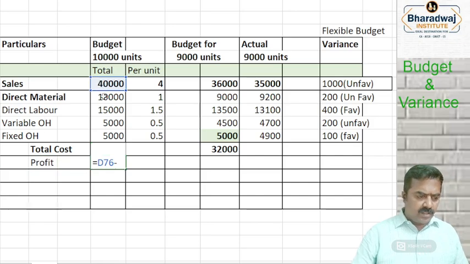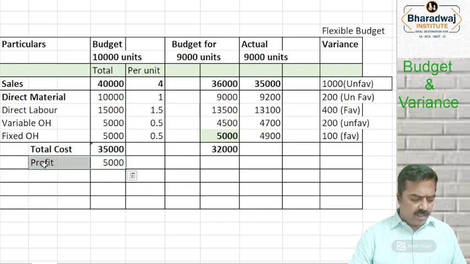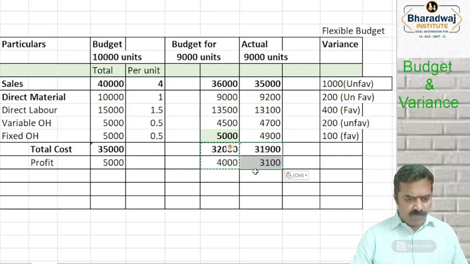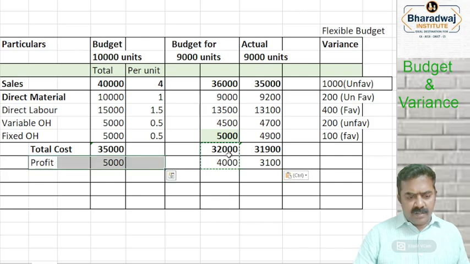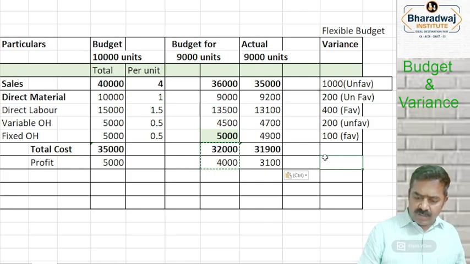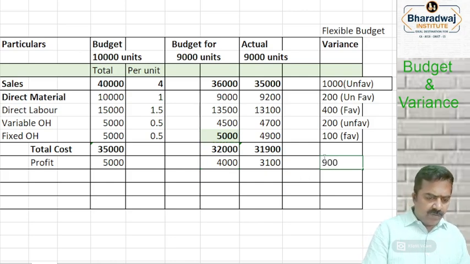Sales minus the total cost will give us profit. Based on 10,000 units, what is the profit? And of course, based on actual, what is the profit? So profit based on flexible budget, 4,000 should have been the profit, but we got 3,100, means 900 unfavorable.